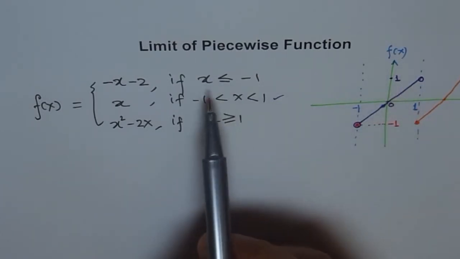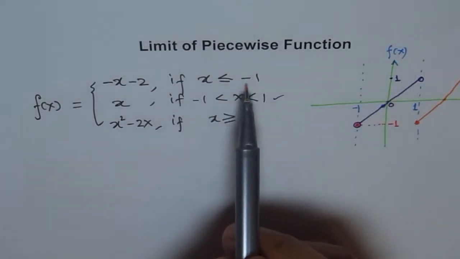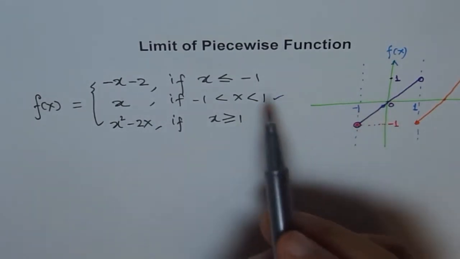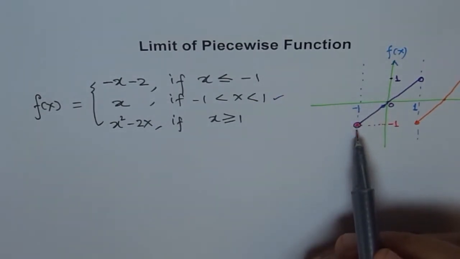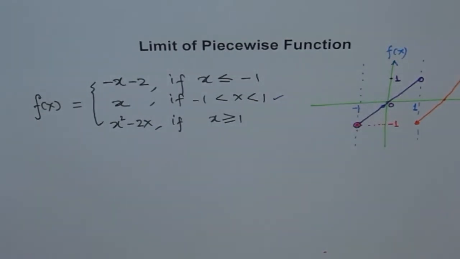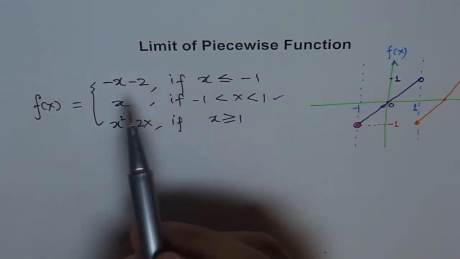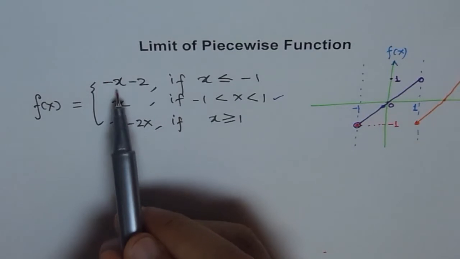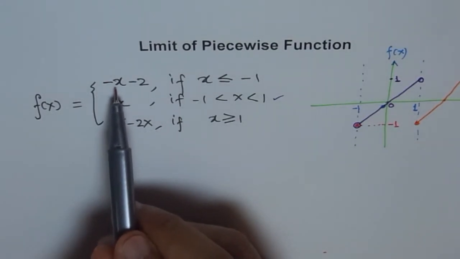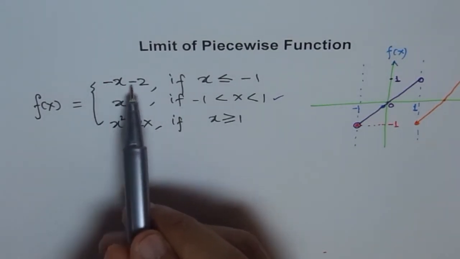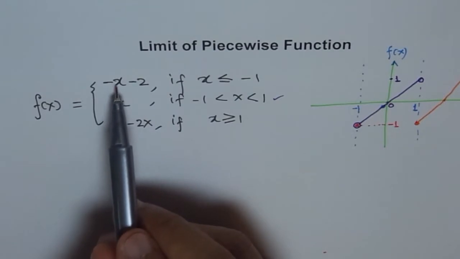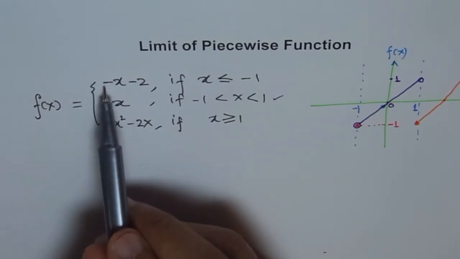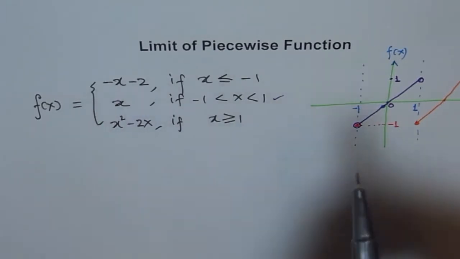Now let's go back to the first part. When x is less than minus 1, we found out that it was minus 1 at x equals minus 1. Now how about the other values? Let's take some other example. If x is minus 2, then minus and minus becomes plus 2, and plus 2 minus 2 becomes 0.